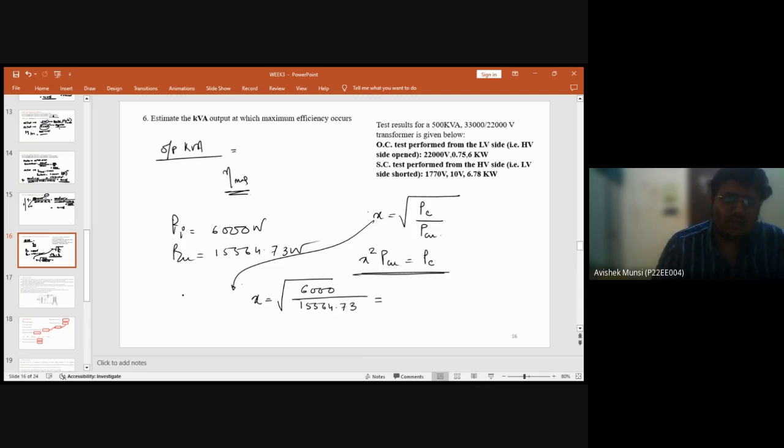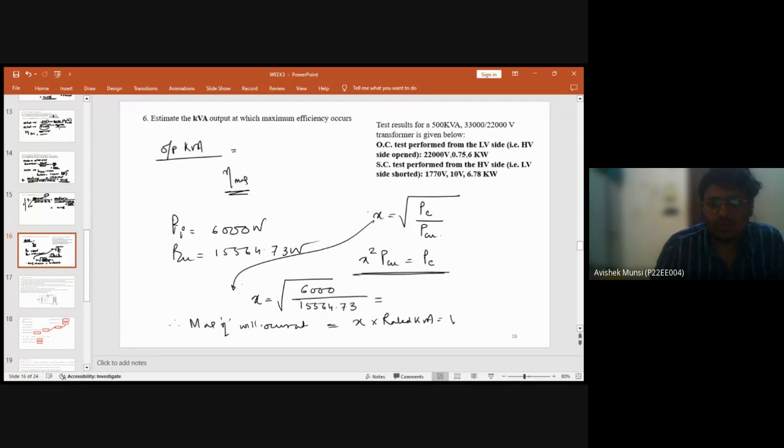See, we have to estimate the kVA output. So therefore, the maximum efficiency will occur at this load into the rated kVA.